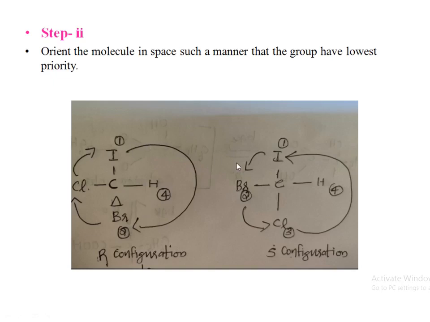If it is anti-clockwise, it is S configuration. Here iodine has the highest priority based on atomic number, then bromine, then chlorine. So this is R configuration, and again S configuration is the anti-clockwise direction.